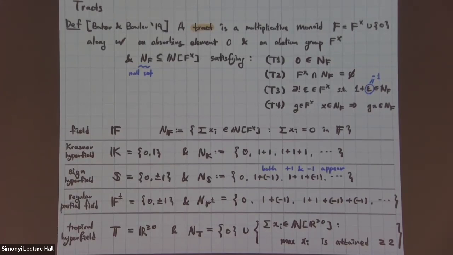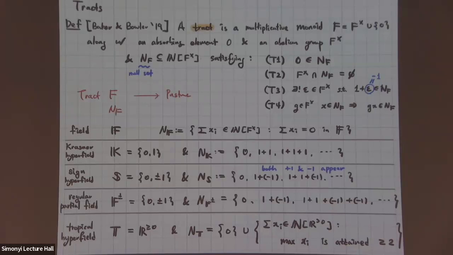So maybe this is not a direct answer, but since this is a little bit different: if you have any tract F, given with the null set N_F, we can construct a natural pasture, discarding all formal sums with at least four terms.